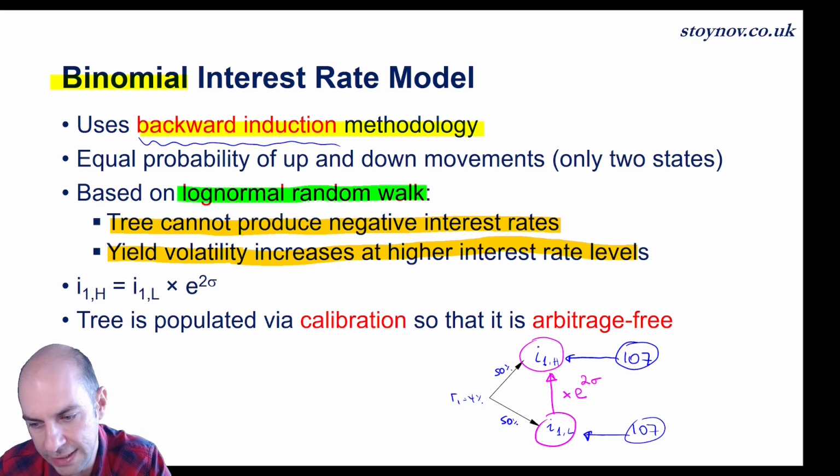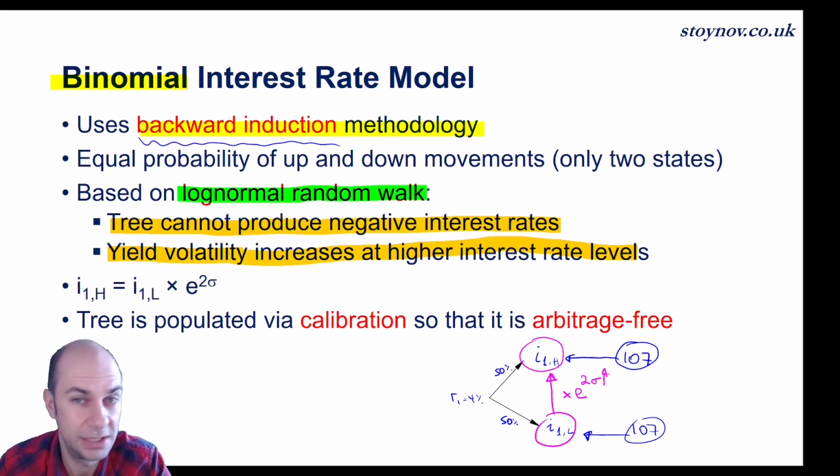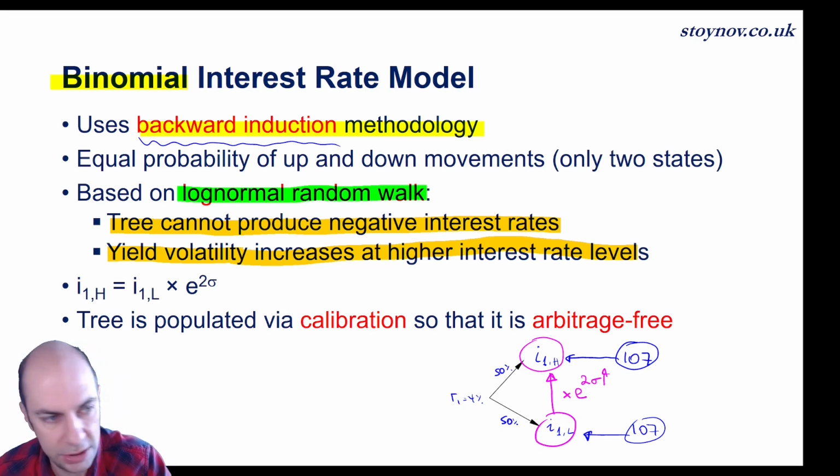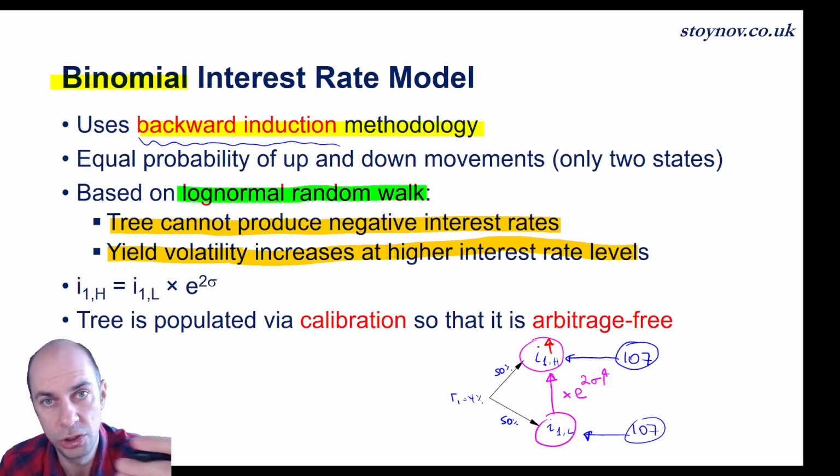If, let's say, we have to assume a higher yield volatility, so instead of maybe using 10%, the modeler now wants to use 15% yield volatility, that's going to cause the higher interest rate at time 1 to increase and the lower interest rate at time 1 to decrease. So effectively, it would widen the spread or the uncertainty around the forecasted forward rate at time 1.